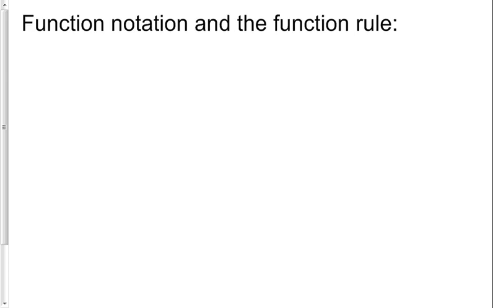So let's start by talking about function notation and the function rule. Many functions have a rule that dictates how we connect an x value with a y value. We talked in the previous video about the requirements for a function, how a function can only happen when the x values don't repeat. But many functions actually have a rule that dictates how we map or connect an x value to a y value.